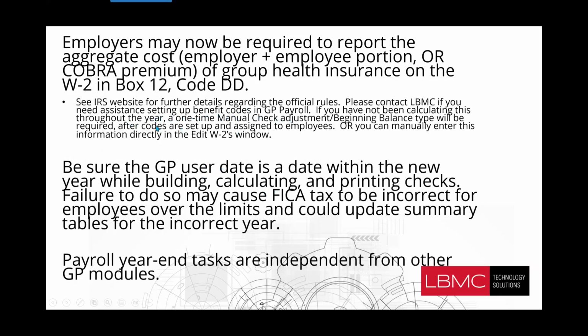If you've not been calculating this throughout the year, a one-time manual check adjustment beginning balance type will be required after codes are set up and assigned to employees, or you can manually enter this information directly in the Edit W-2 window. Remember, there's pitfalls if you do it in the Edit W-2 window. If you have to rebuild that year-end wage file for any reason, you've lost any changes that you have made.